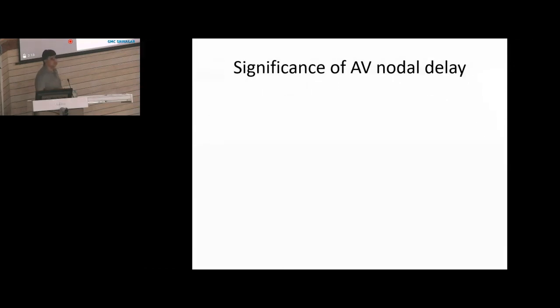Significance of AV delay. Why has nature provided this mechanism that the AV node should delay the impulse? Yes, because atria and ventricles need to contract in synchrony. If they contract together, it will not serve any purpose. So when the atria are contracting, at that time the ventricle must relax. If both chambers are contracting, the blood has nowhere to go.